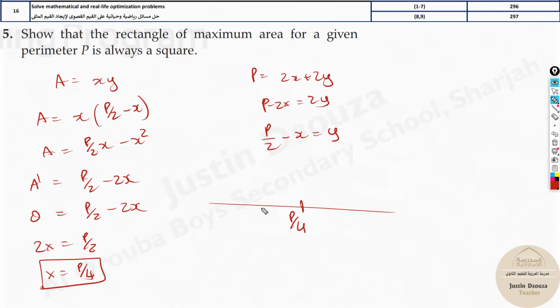It's fine because it's less than P by 4. You can take 0 because it's not undefined anywhere, right? I'll take 0. What is a value greater than P by 4? P by 2 is greater. Yeah, P by 2 is possible, but I will take P itself. You can take P by 2, 3P by 2 or anything like that, greater than P by 4.